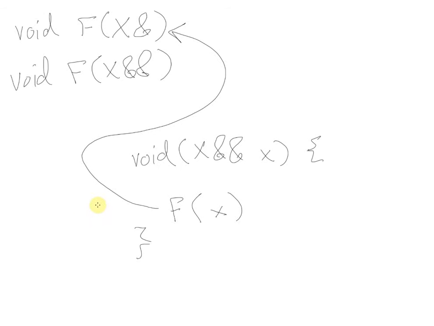There's no way that C++ has made it such that the value category type, whether it's lvalue or rvalue, there's no way that enclosing functions are aware of the value category type.